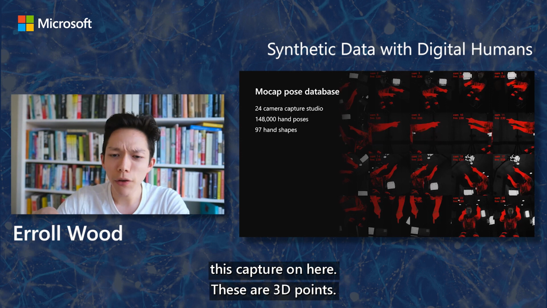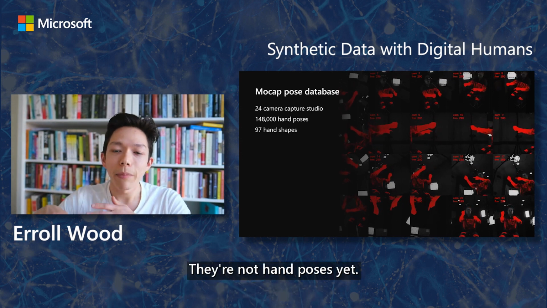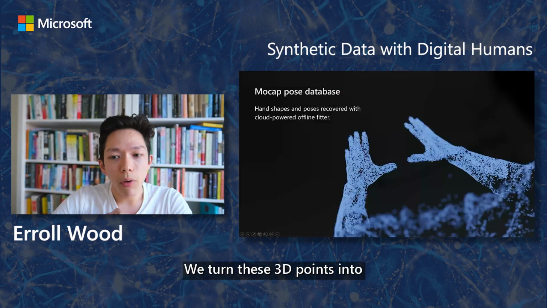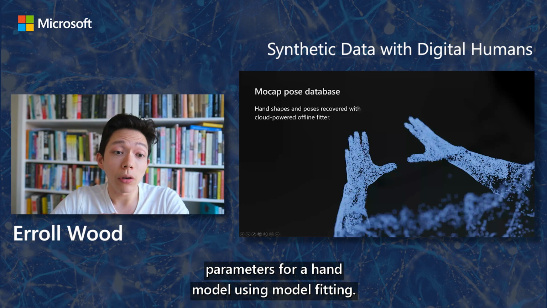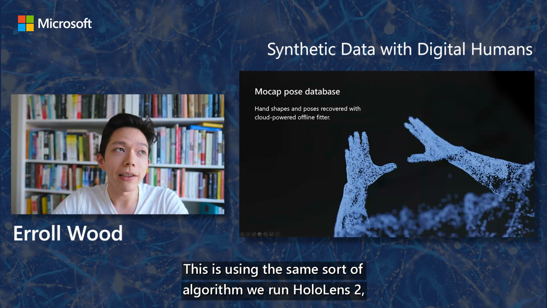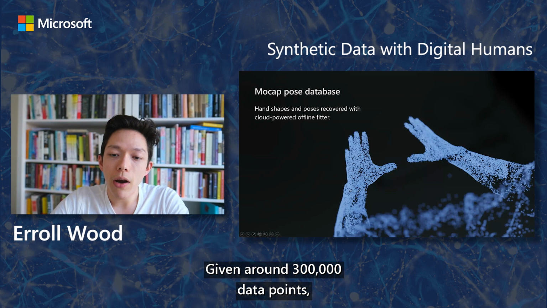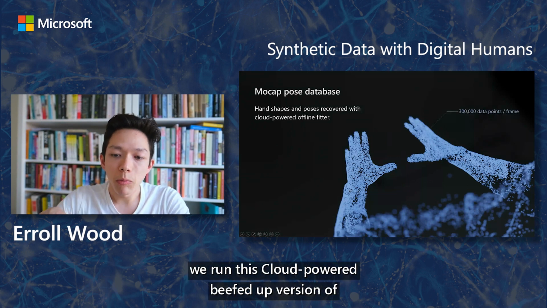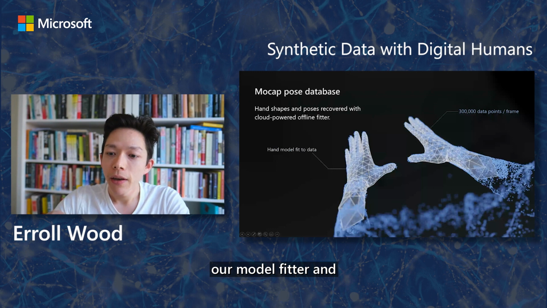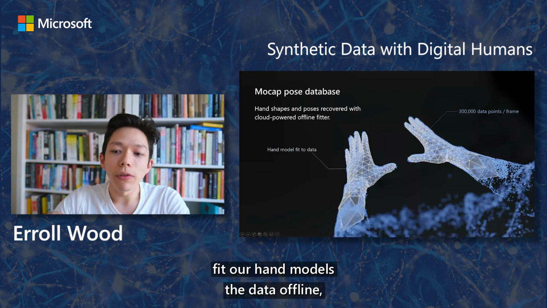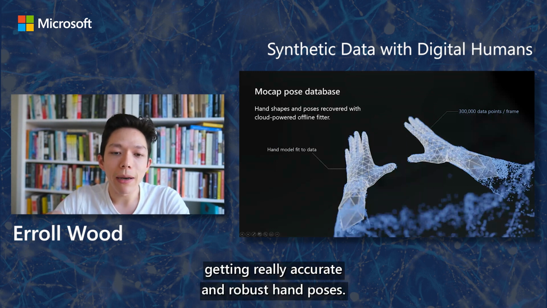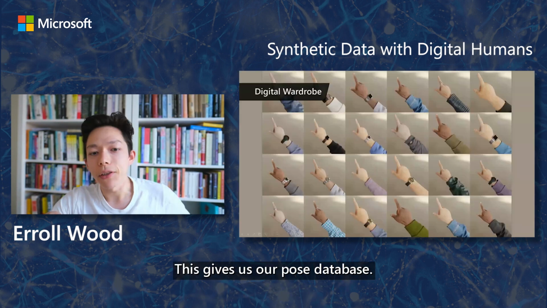So these are 3D points. They're not hand poses yet. So we turn these 3D points into parameters for a hand model using model fitting. This is using the same sort of algorithm we run in HoloLens 2, but in the cloud at a massive scale. Given around 300,000 data points, we run this cloud-powered, beefed-up version of our model fitter and fit our hand model to the data offline, getting really accurate and robust hand poses. And this gives us our pose database.